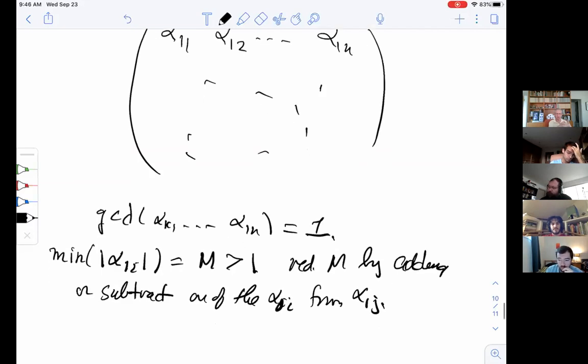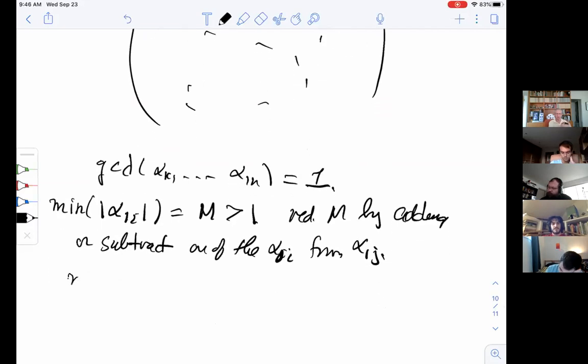So by the Euclidean algorithm, eventually the minimum of the absolute value of the alpha 1i is 1. If it's not 1, you can reduce it. So by induction, you eventually get to 1. So by switching columns, and multiplying by -1 if necessary, I can suppose alpha 1,1 is 1.